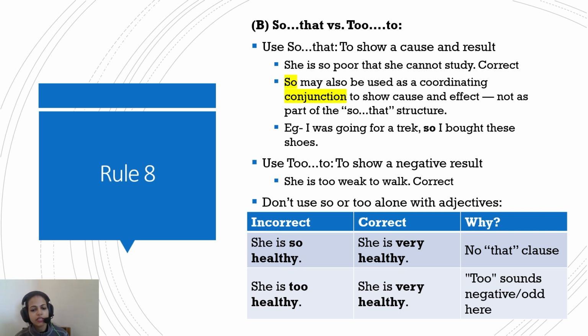She is too healthy. If you're saying she's too healthy, that means you're criticizing that person. But if you're just being observant about this fact or saying it in a positive sense, then you say she is very healthy. And you'd better be positive about this, because if somebody is healthy, that's a good thing. "Too" sounds negative. So, that's how you go about "so that" or "too."